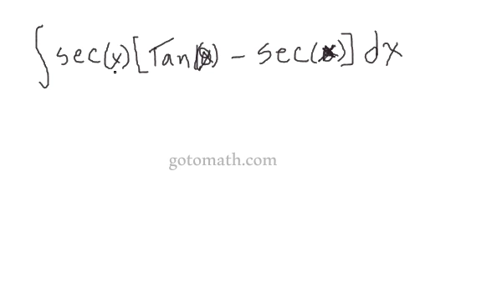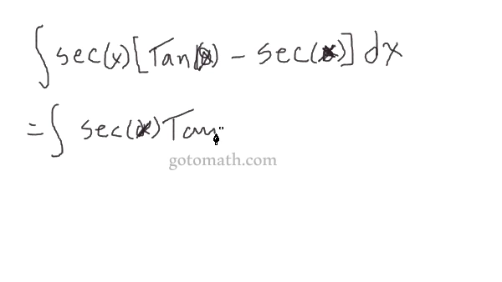So what we're going to need to do is distribute this secant x across. So I'm going to write an equal sign here. We're going to have secant x times tan x, minus secant x times secant x.